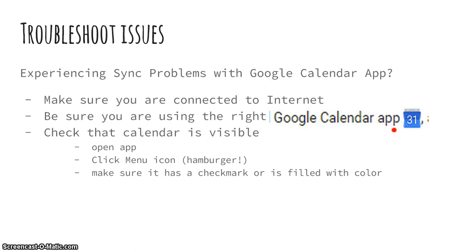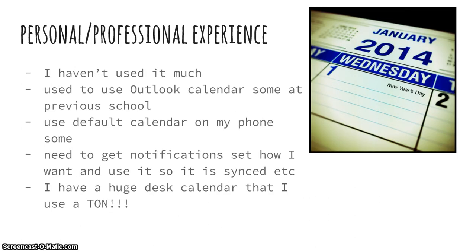So make sure that you're using the right app to be able to sync with your Google Calendar. And then check that the calendar is visible. You want to open the app and then click the menu icon or the hamburger and make sure that it has a check mark on it if you're using an Android device, or is filled with color if you're on an Apple device.